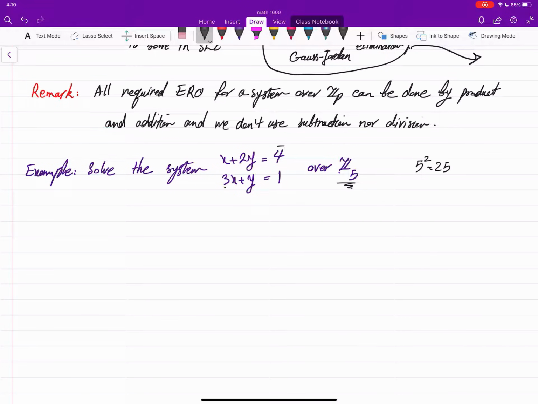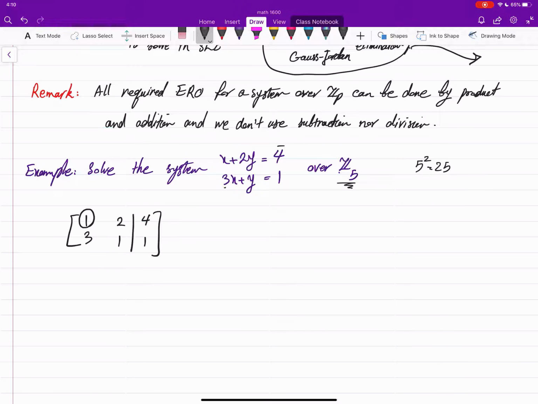Here, what we do is try Gauss-Jordan elimination. First find the augmented matrix, and now we want to row reduce this one. This entry here is in the right place. It is 1.